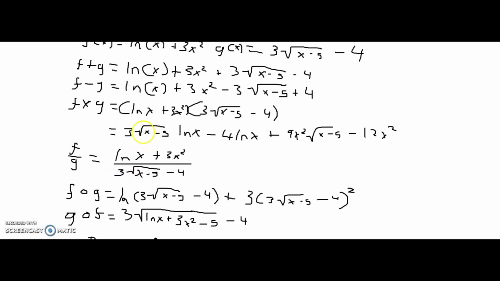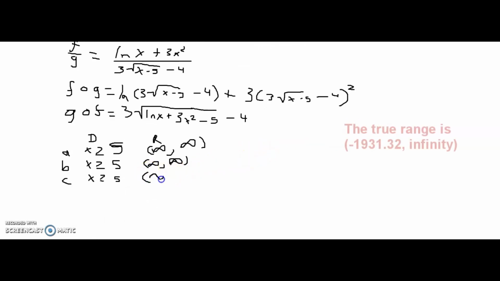And as far as the range goes, that can be anything. This can be anything. Now this has to be a positive number because this is a principal square root. So that's positive, and then that's also positive, but you're subtracting it, so that's also negative infinity to infinity.